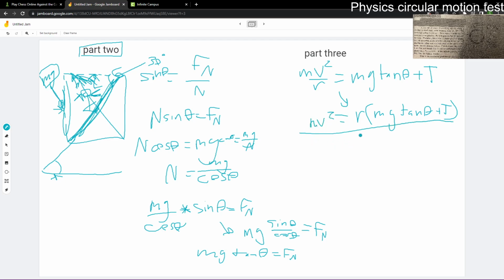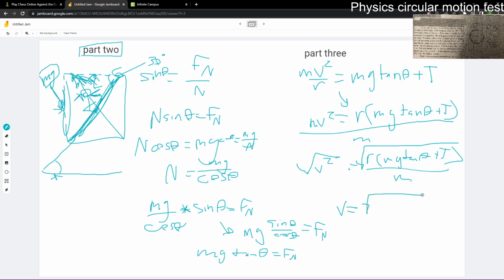Then we divide it all by m: r times (mg tan theta plus T) divided by m equals v squared. Now we can take the square root, and v equals the square root of r times (mg tan theta plus T) over m.